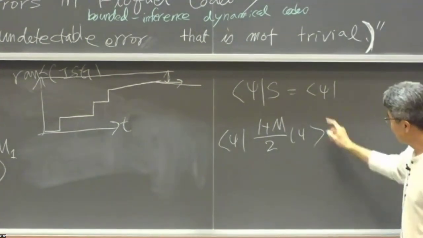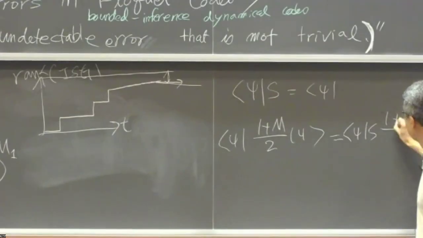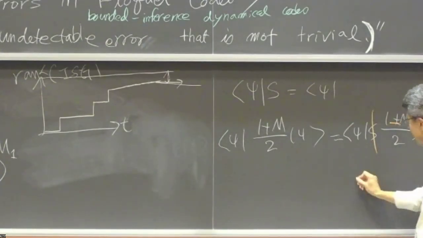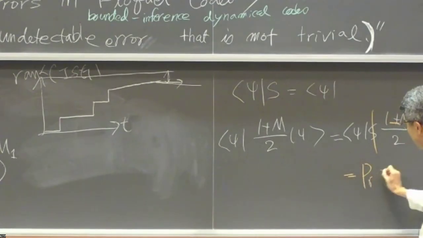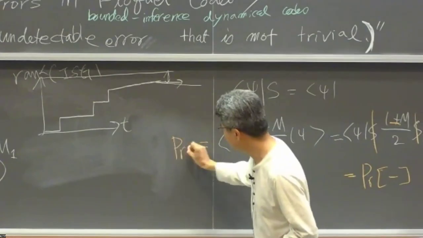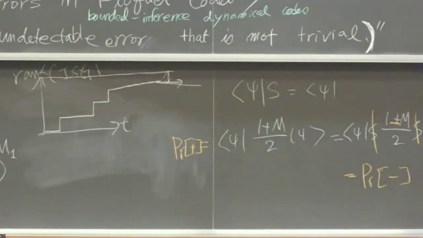But plugging in this equation, just a direct consequence. But since they're anti-commuting, I would pick up a minus there. And that is the probability of getting the minus outcome. And I started with the probability of getting the plus outcome. So they have to be 50-50 random.